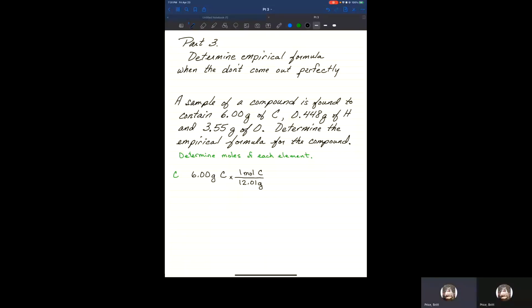And then I need to do 0.448 grams of hydrogen, and 1 mole of hydrogen is 1.01 grams.